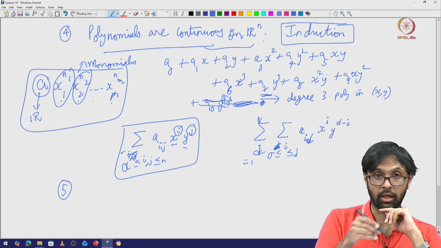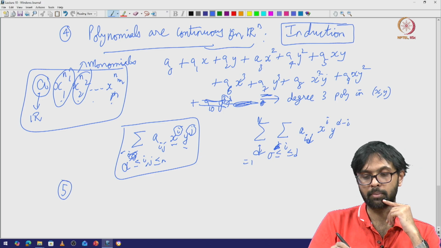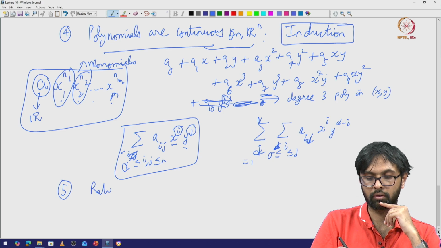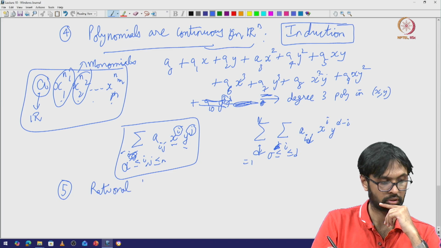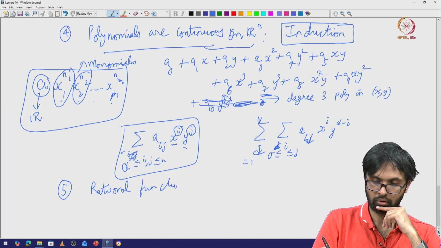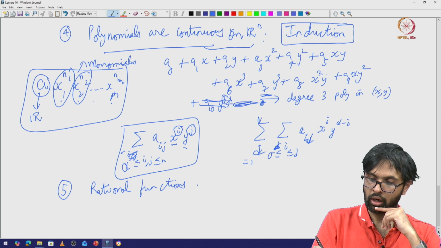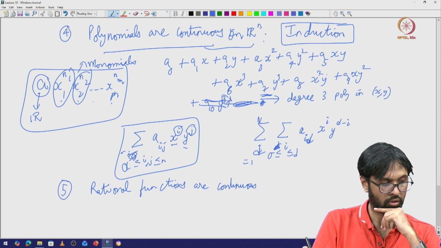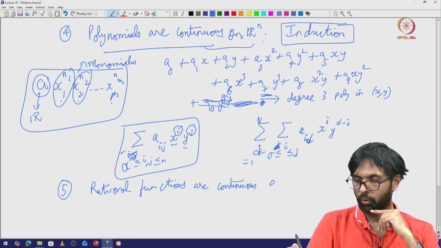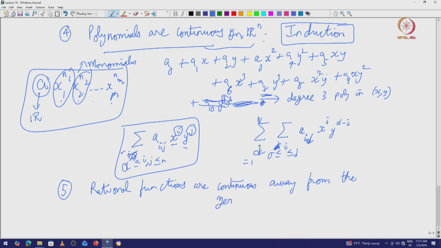Now, these properties imply that rational functions are continuous away from the zeros of their denominators.